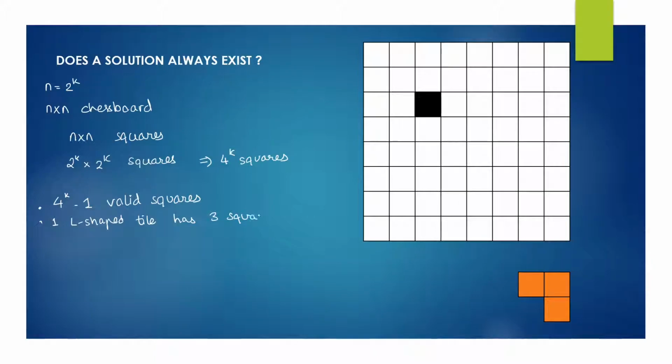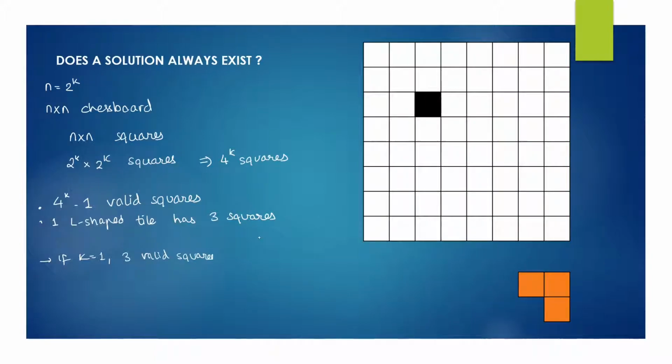It's made up of 3 squares. Now by induction, for k equal to 1, you have 4 to the power 1 minus 1, that is 3 valid squares. And you have one L-shaped tile that has 3 squares. So for k equal to 1, you can have one tile.